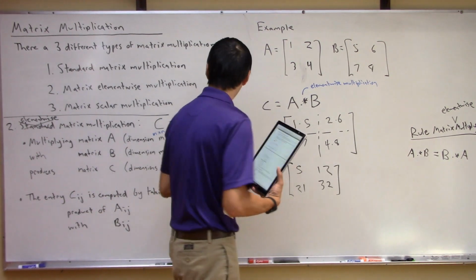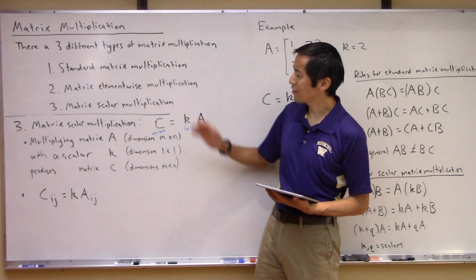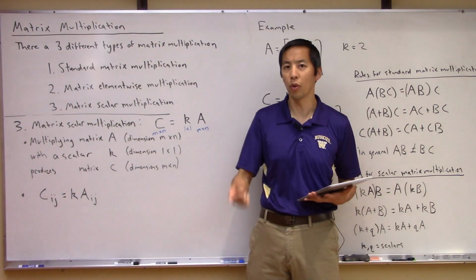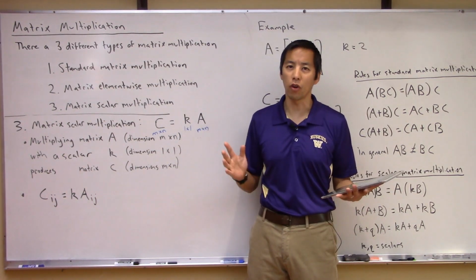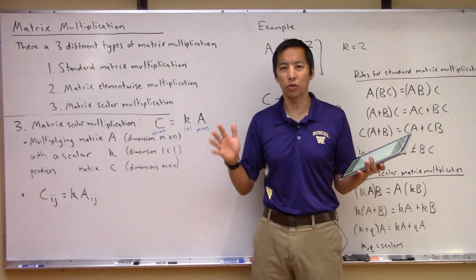Okay, now why don't we go ahead and look at this third one. The last type of matrix multiplication we should look at is matrix scalar multiplication. This is the only case where it's okay to multiply, quote unquote, inconsistent size matrices together.